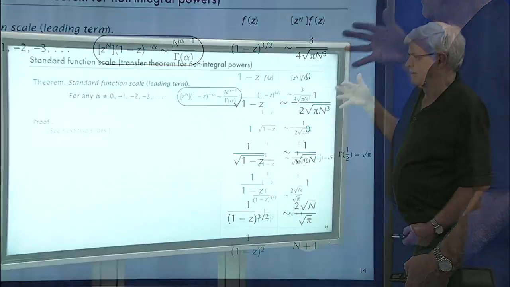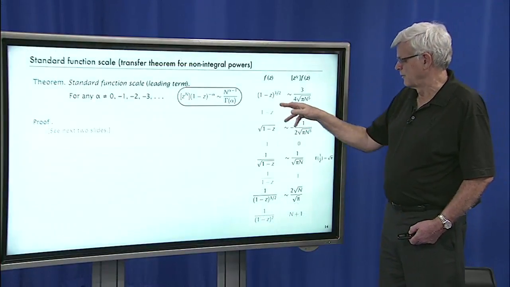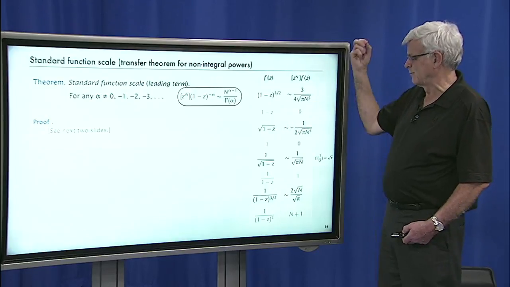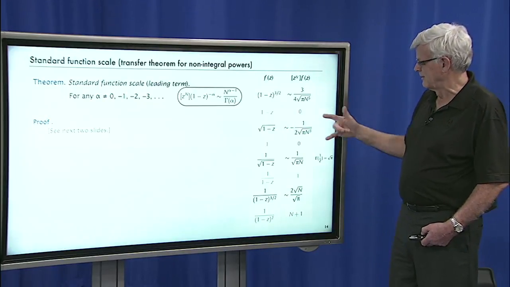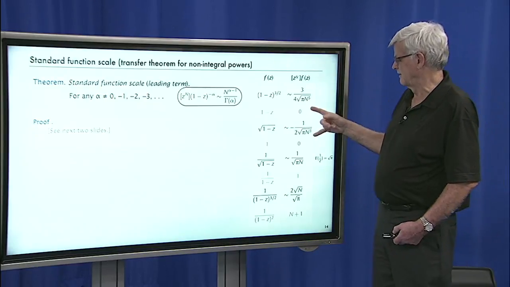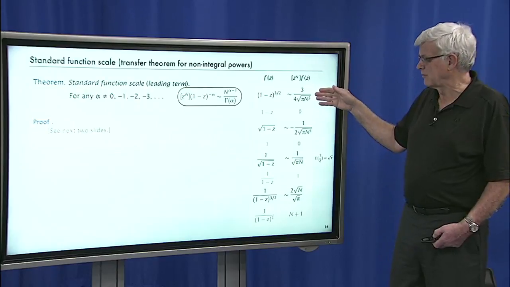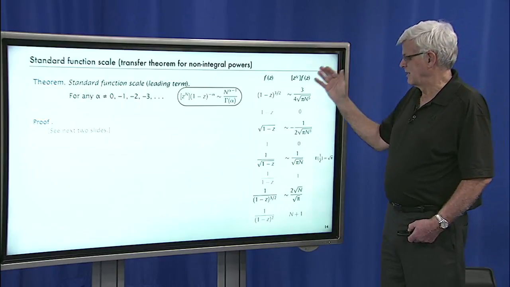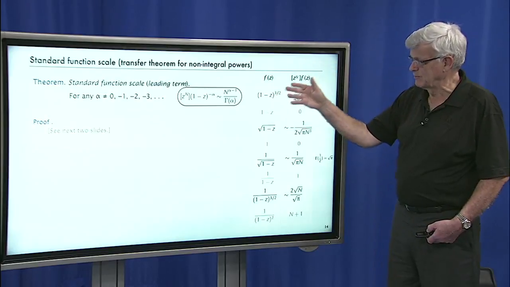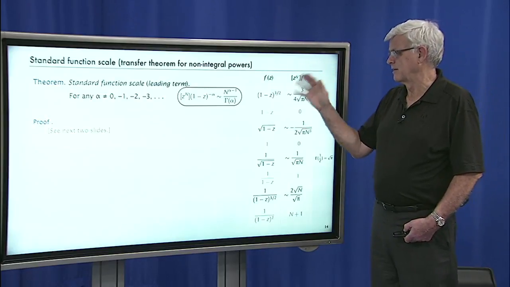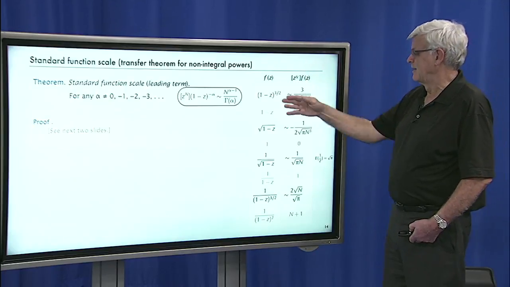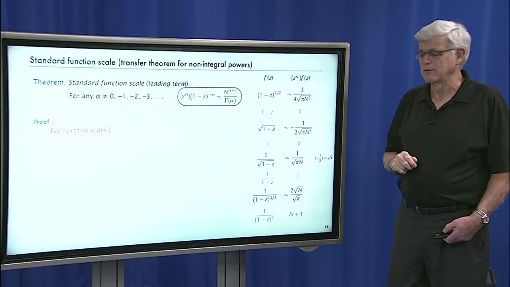So except for the negative integers, it doesn't make much sense to talk about a coefficient of z to the n in (1 minus z) to a negative integer power, because most of them are 0. So negative integers have to be an exception, but everywhere else these things are analytic, and the theorem gives us, for any function in this standard scale, any alpha, an approximation of the coefficients.